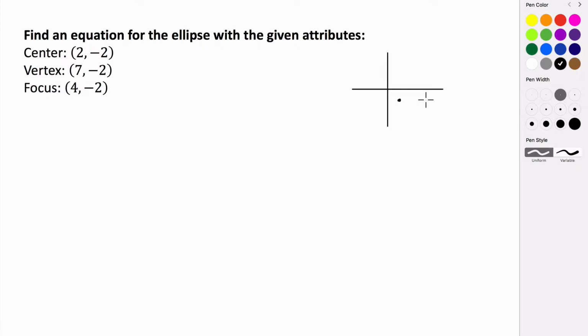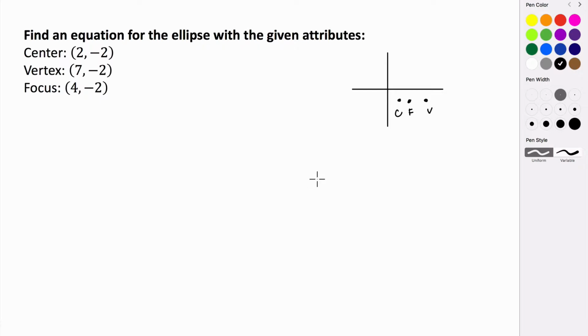So here is the center and the vertex, and its focus is at 4, -2, so it's 2 units to the right of the center. So somewhere here. So this is the focus here. So it looks like our major axis is going to be horizontal.